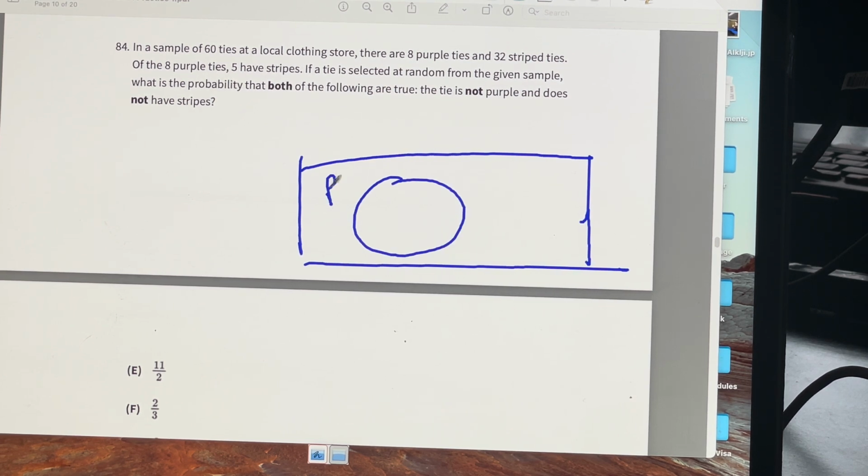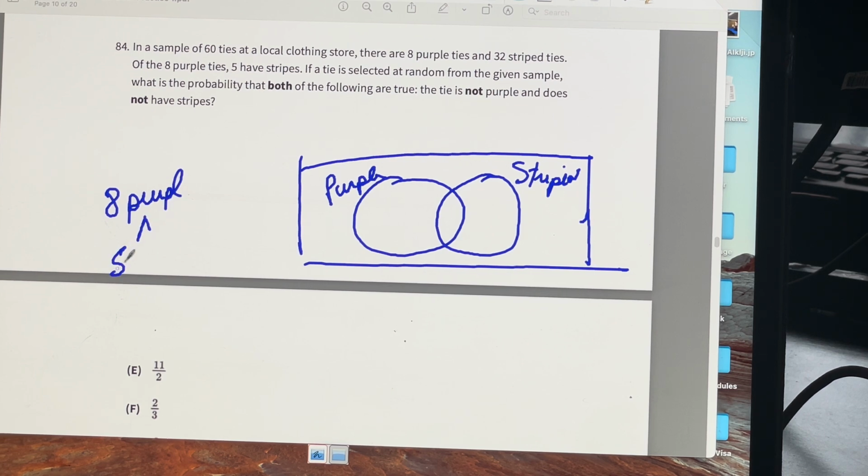We have the purple ones, and we have the striped ones. Of the 8 purple, 5 have stripes, which means 3 don't. So the 3 that don't are only purple, and I'll put it over here.